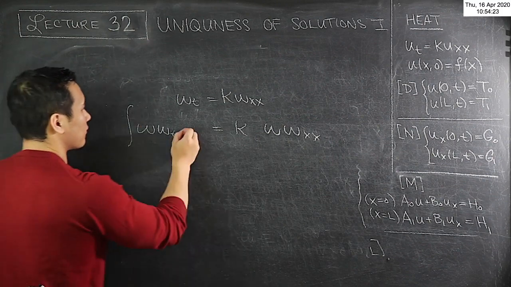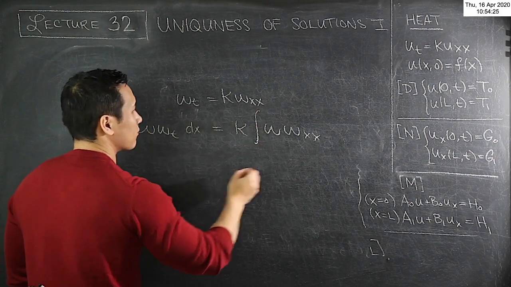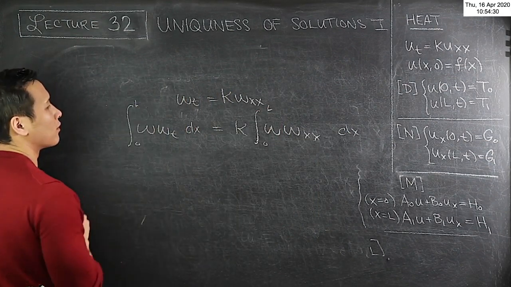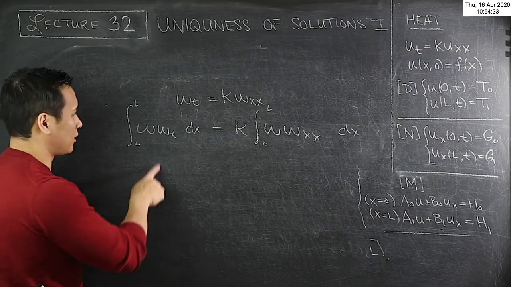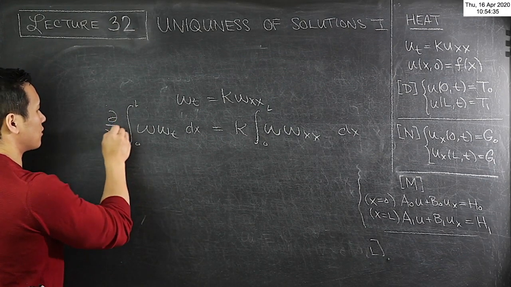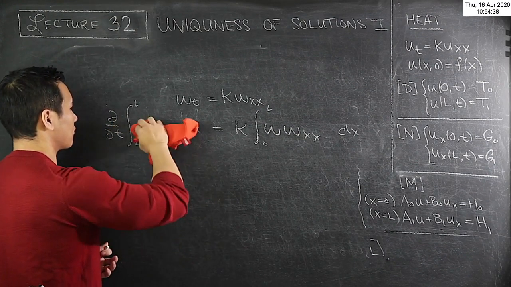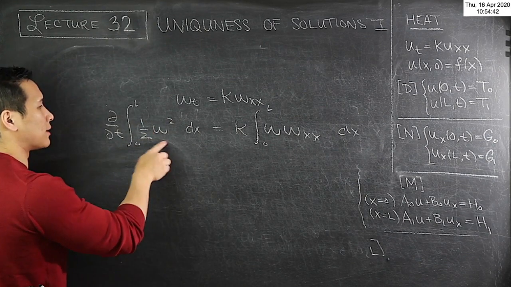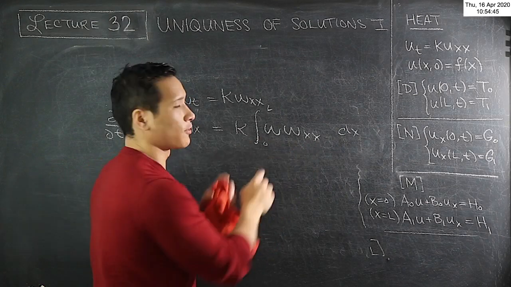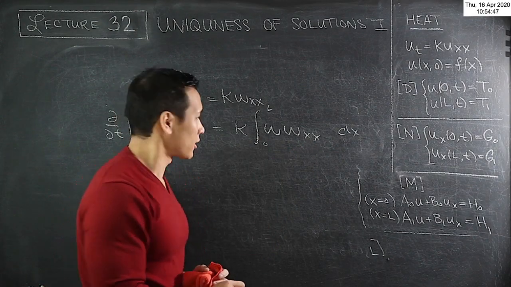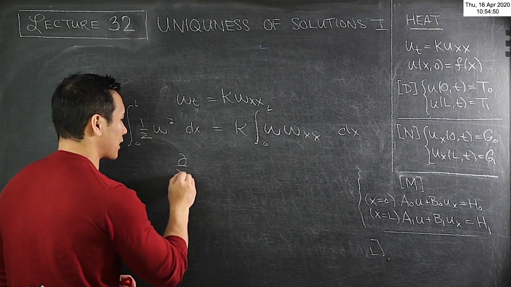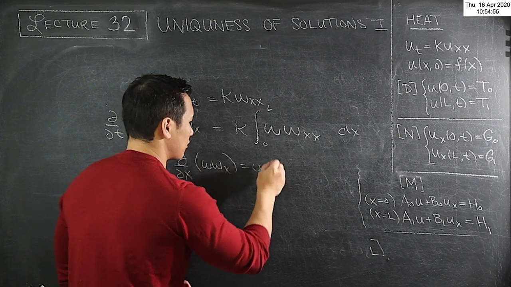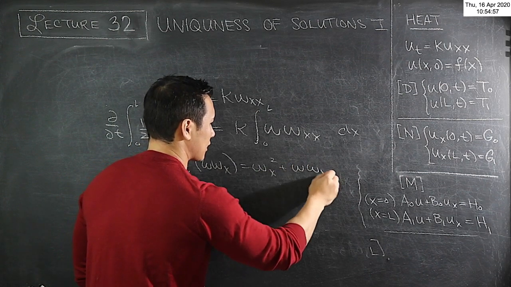So let's rewrite the left-hand side here as a derivative. So this is a d/dt of one half W squared. And then we're going to rewrite this right-hand side using the product rule. So we're going to notice that d/dx of W W_x is W_x squared plus W W_xx.